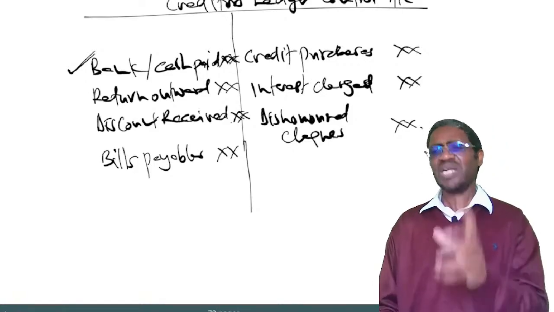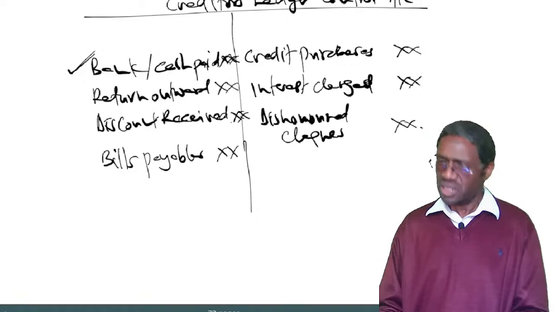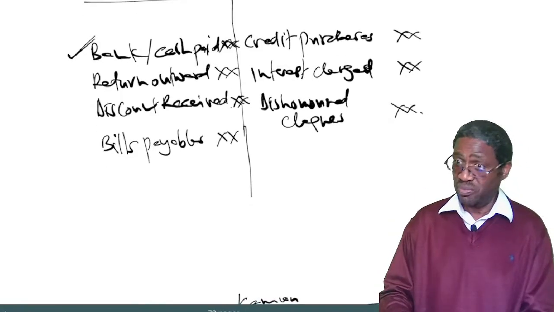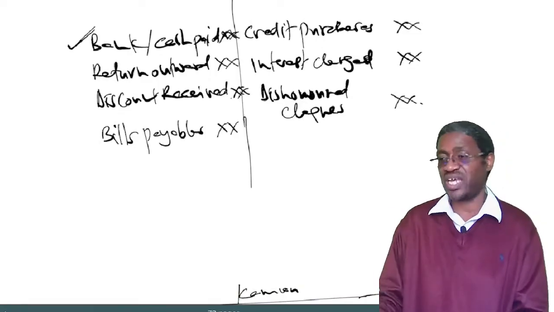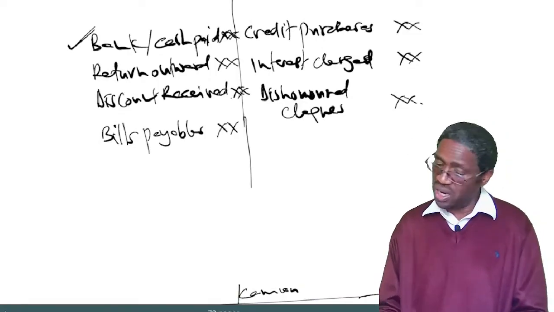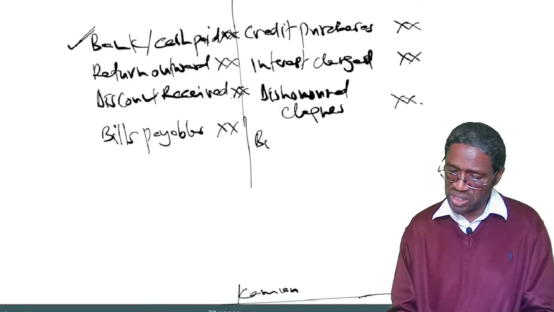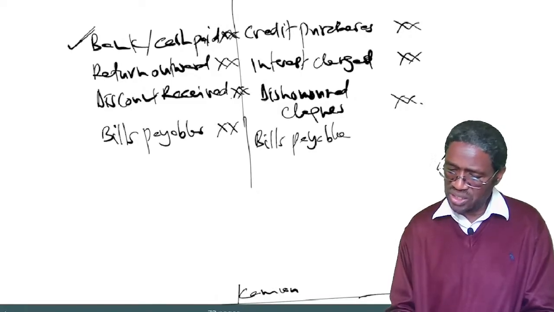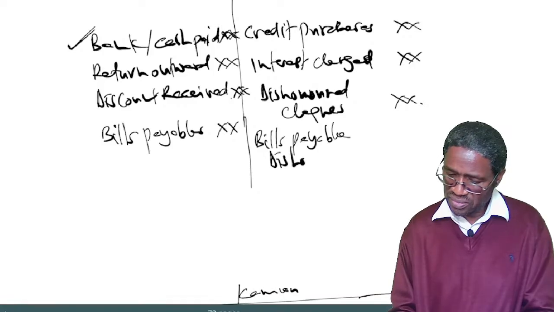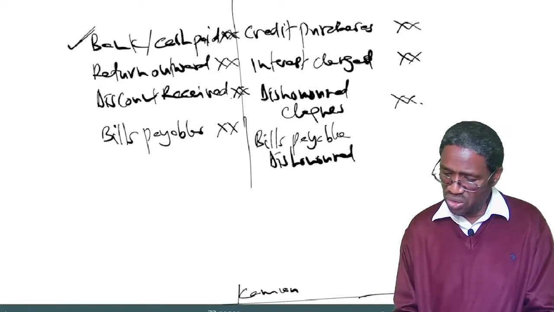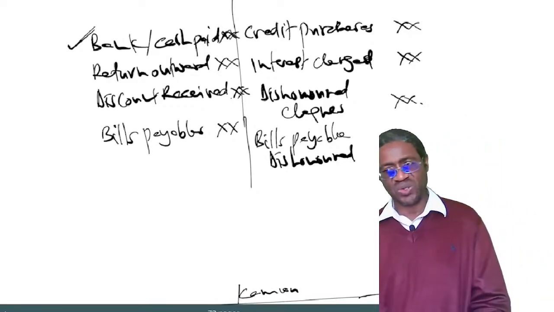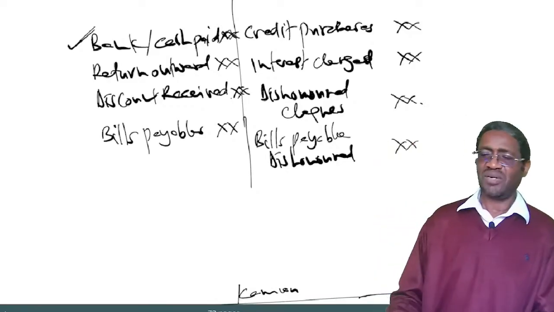So when a bill becomes dishonored, you as the business have to increase again what you owe to Kamau. So we come and credit here, and they say your bills payable dishonored. If they are dishonored, you credit. That's what we are saying. Good. Another one.